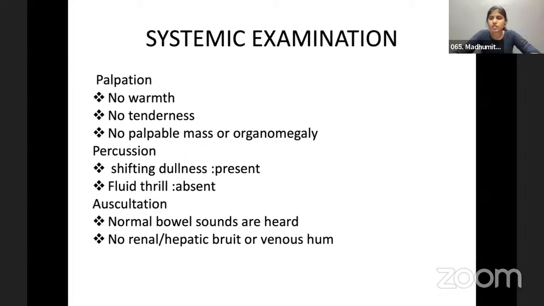If the fluid accumulation is less, then it can be palpated. No. During inspiration it is palpated, that is a pushed down liver. Okay, I'm not talking about a pushed down liver. I'm specifically asking what are the causes of hepatomegaly in nephrotic syndrome?